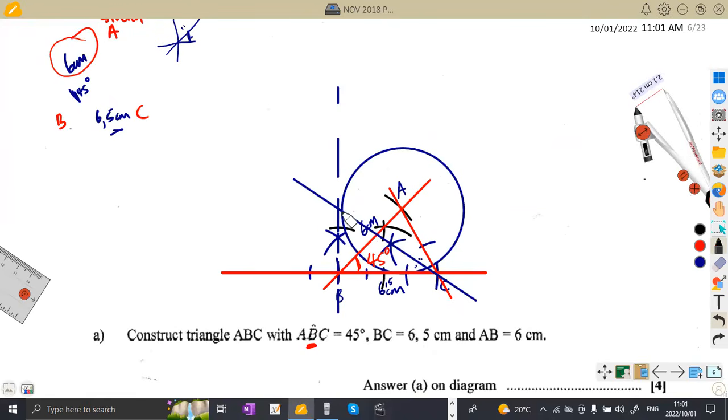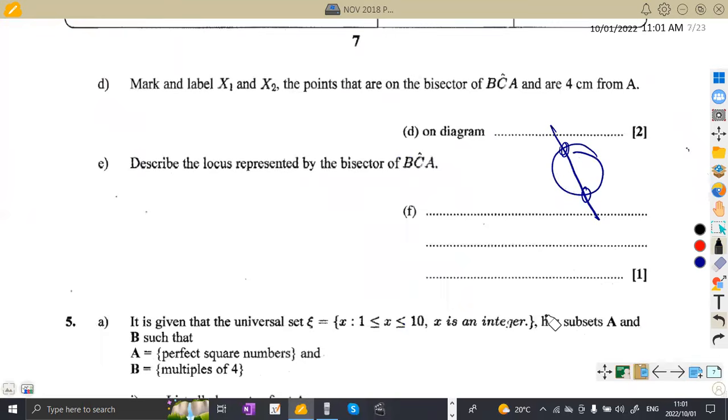We have this point, our angle bisector and the circle at this point, angle bisector and the circle at this point. So you mark them like this, then you can name them x1, and this one is going to be x2. Whichever way, you have to name one x1 and the other one x2. Okay, then we move on to the other part.